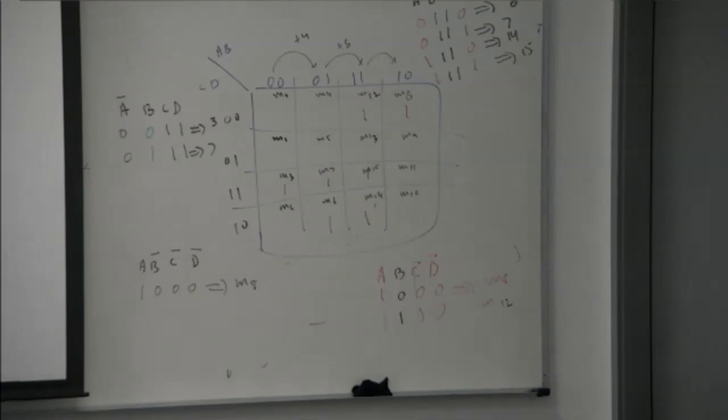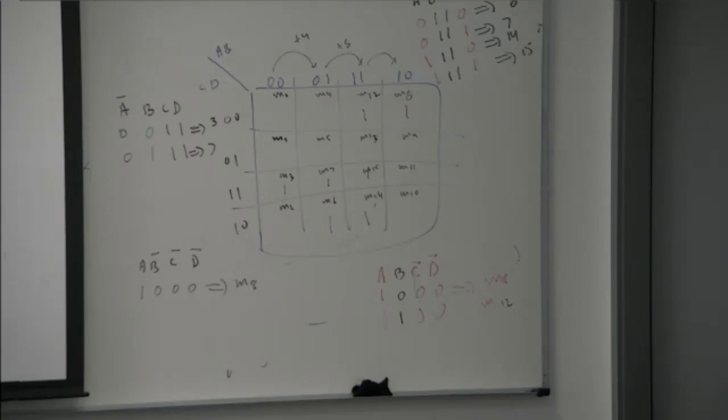So what do we have now? In this example, we have an expression, and now we are populating the Karnaugh map. It's important to know which expression this is: sum of product or product of sum?